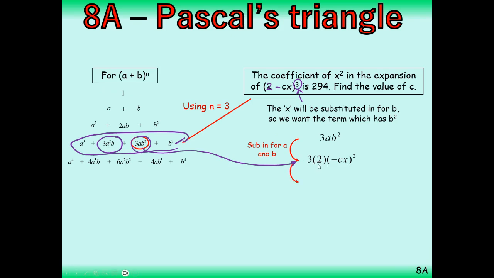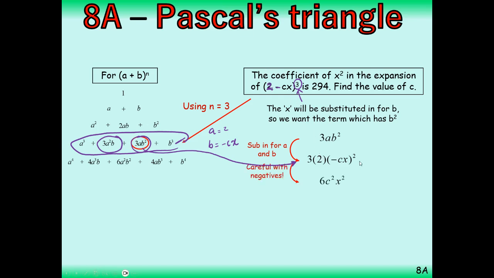And where did that 2 come from? We're saying a is 2 here, and b is minus cx. All right, that's what we said. That value at the front, instead of being a variable, is now a constant.